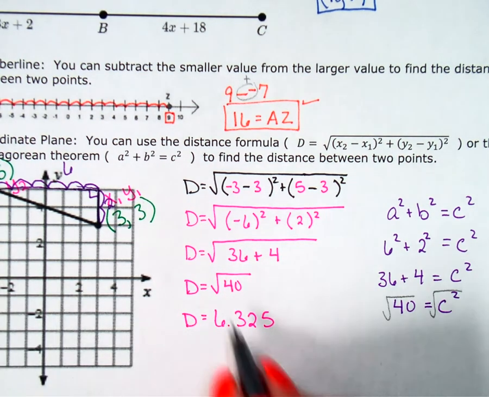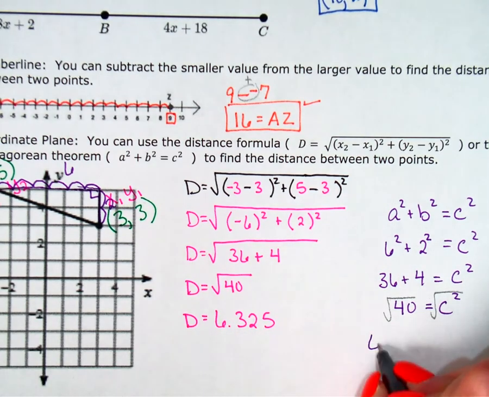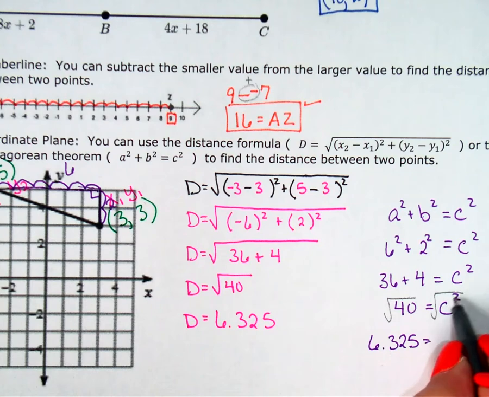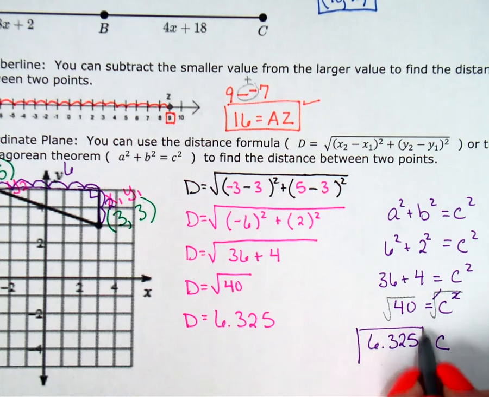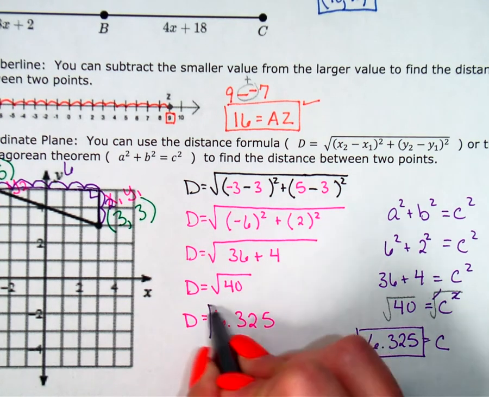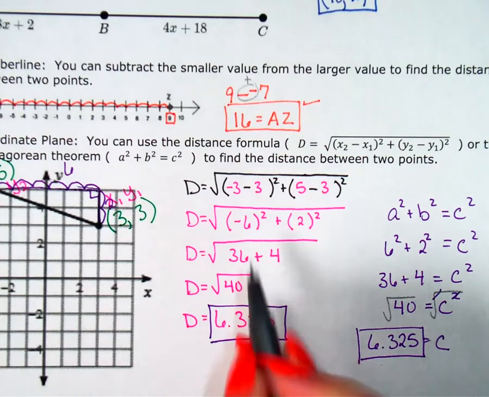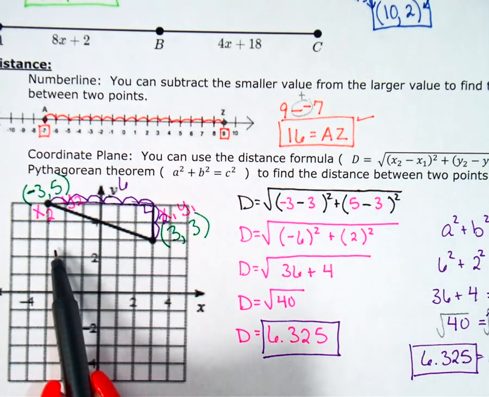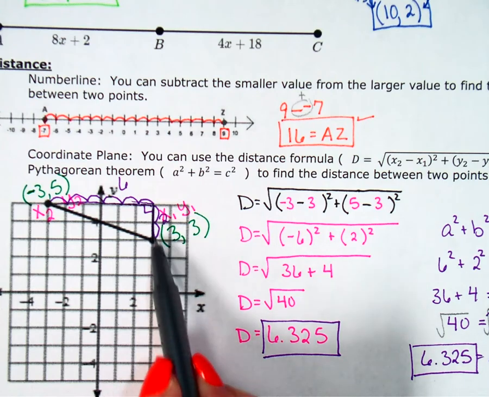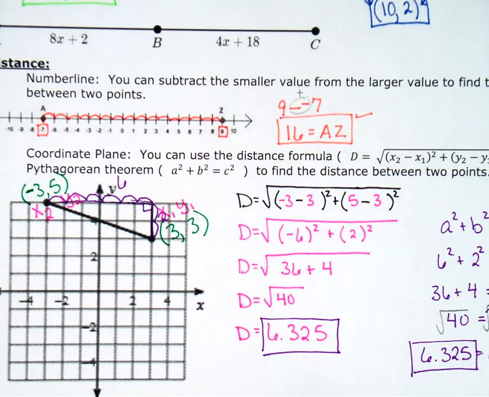And I end up with the square root of 40, which we already know is 6.325, equals, over here my square and my square root cancel out, and I just have c. So either way that you do it, your answer is 6.325 units. So you can use either method. This one just algebraically calculates that 6 distance and that 2 distance is all that it's doing.